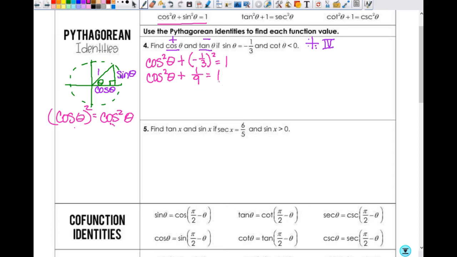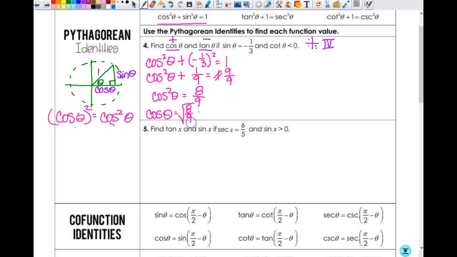Then I'm going to have to subtract 1/9 from both sides, which means I want to think about my 1 as 9/9. So when I subtract 1/9, I get cosine squared theta is equal to 8/9. And then when I take the square root of both sides, cosine of theta is going to equal the square root of 8/9.